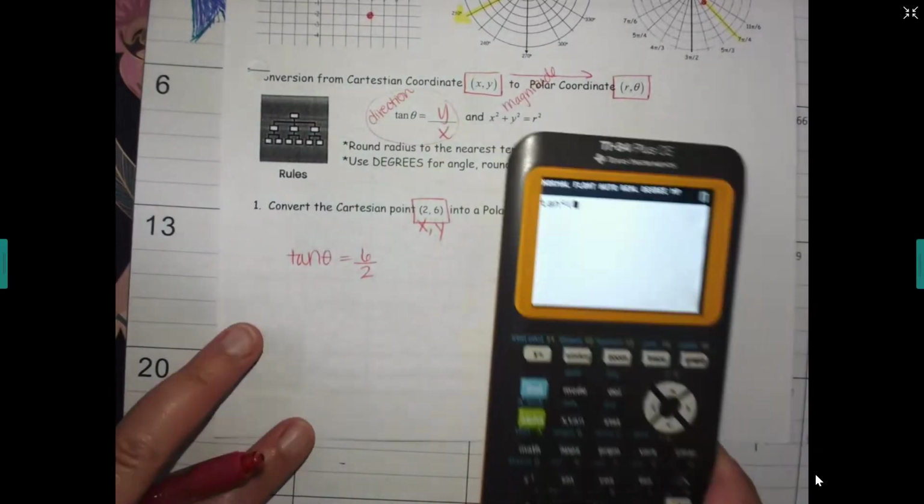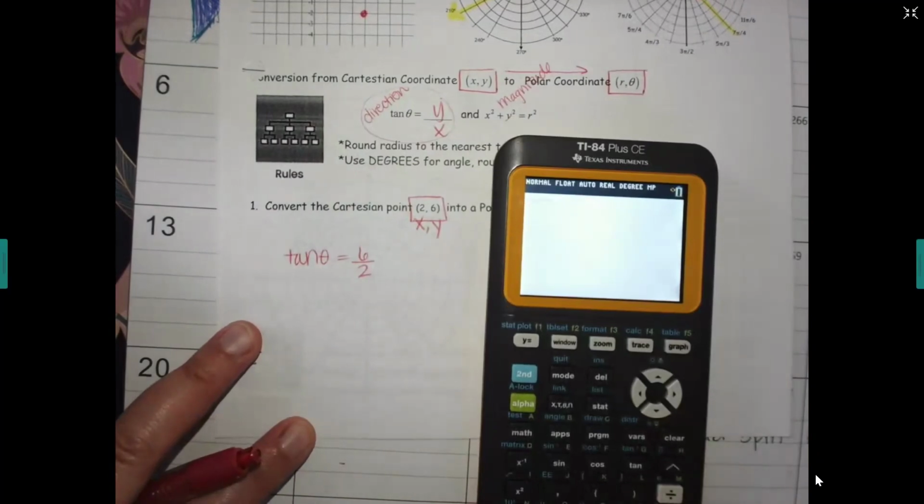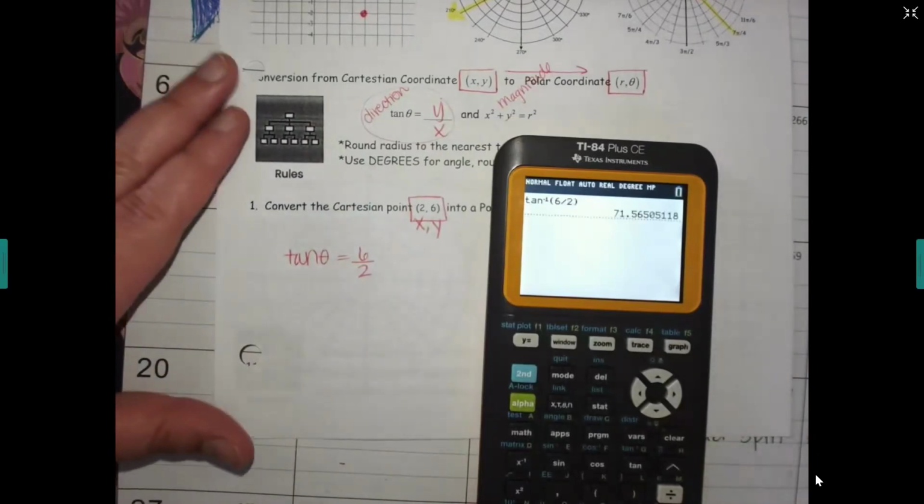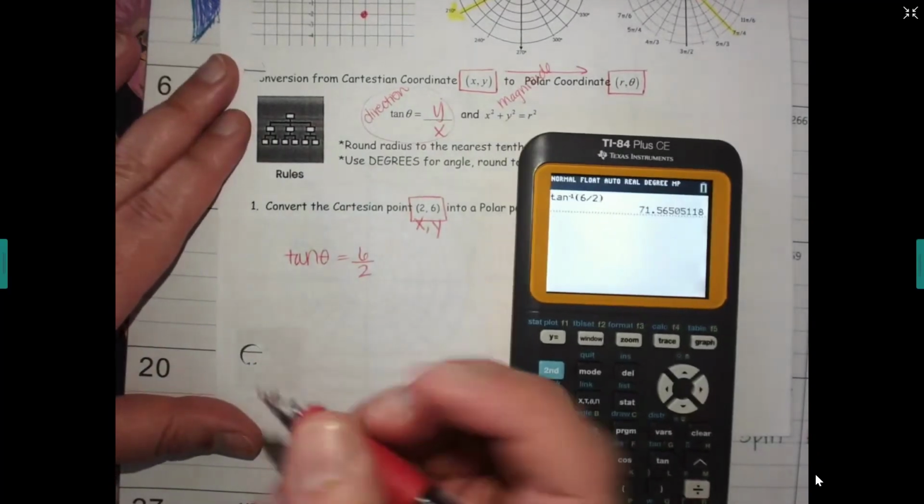Second tan, very good. Go ahead and do that. You have to be in degree mode for your answer to come out right. So we're doing second tan, and then 6 over 2. And I got 72 degrees. Technically 71.5, but we'll round it.